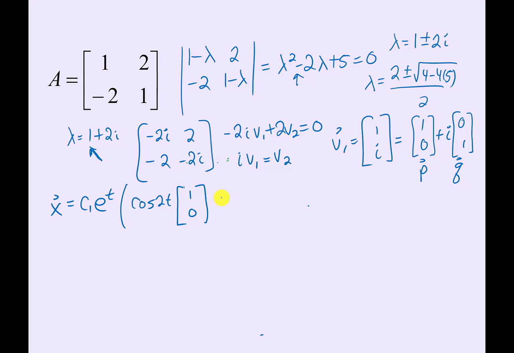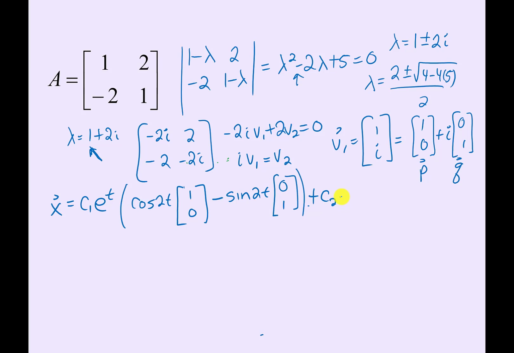And then the other one was where we had the i times the i, which gave us the i squared, so it's negative, and it was when we had the sine of 2t multiplied by the imaginary part of the eigenvector.